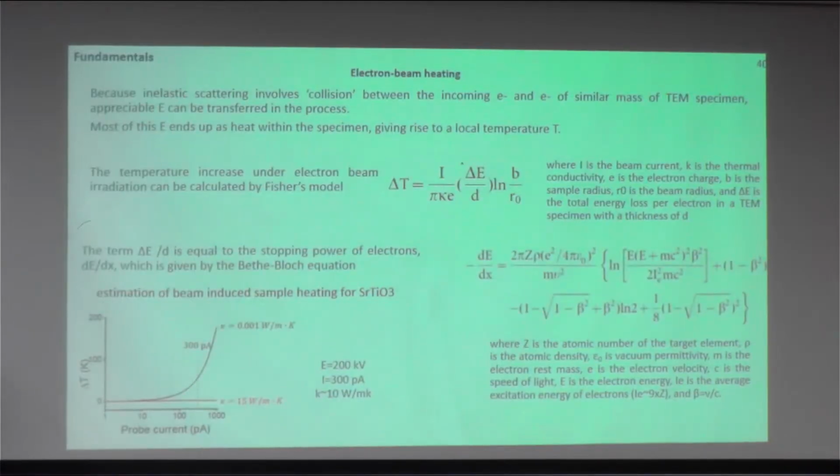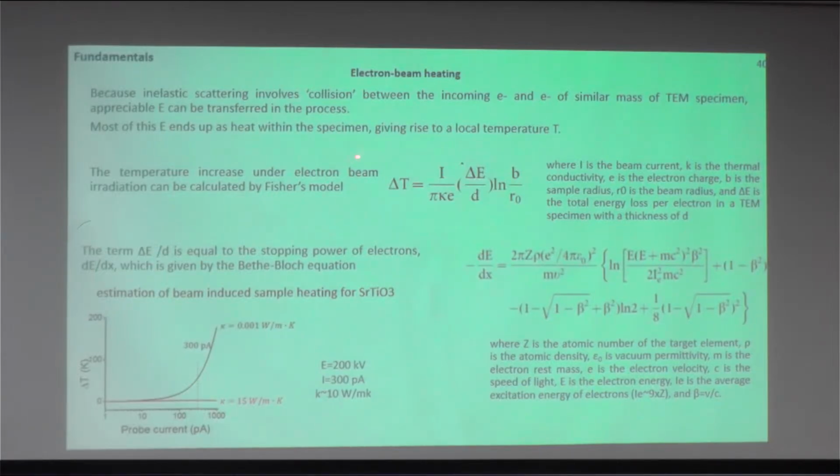Also there is electron beam heating. This effect is caused by inelastic scattering, which involves collision between the incoming electrons and the TEM specimen of similar mass, and the temperature heating in the TEM.